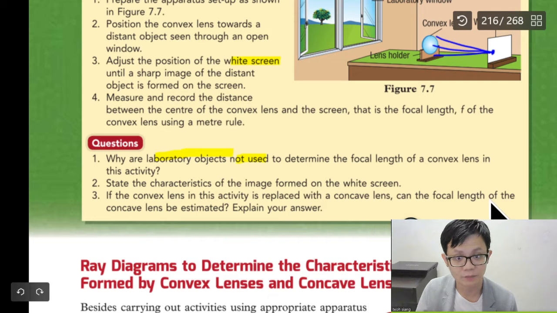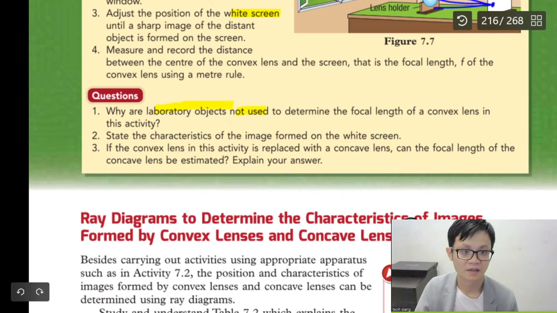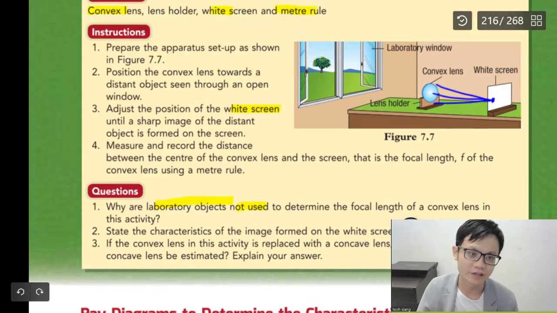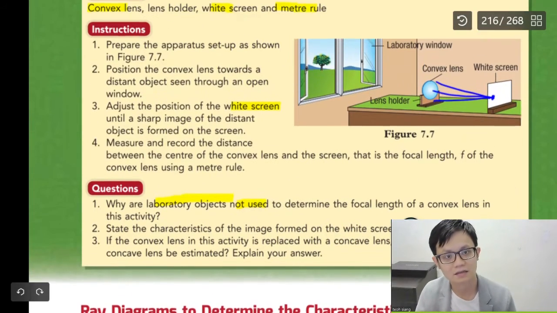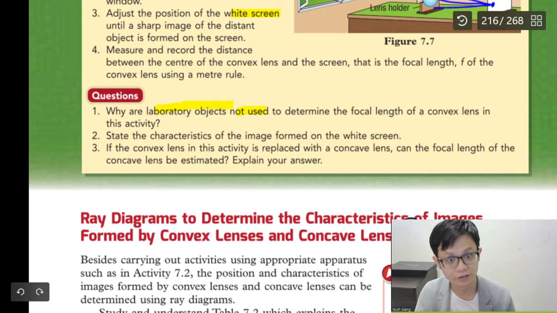Can the focal point of the concave lens be estimated? So I think if you use the concave lens in this experiment, probably you cannot get the sharp image since the light already diverged. So I would say no. Explain: because the light rays are diverged, no sharp image can be formed.